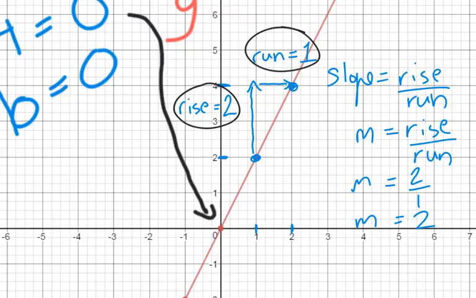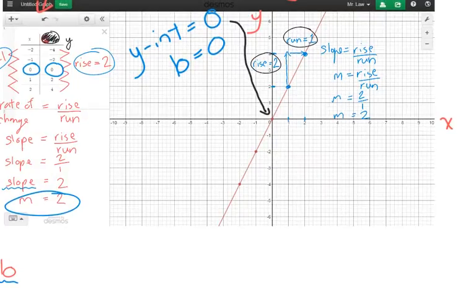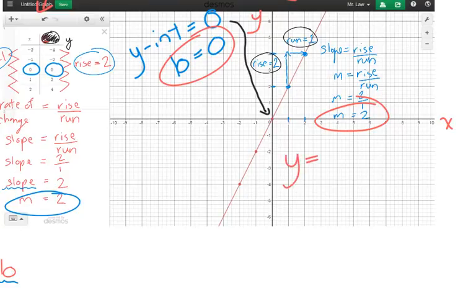Let's take a look at what we've just done. We have figured out both the y-intercept and the slope just by looking at the graph. And we can do the exact same steps as before to create the equation of this line. The general equation is y equals mx plus b.